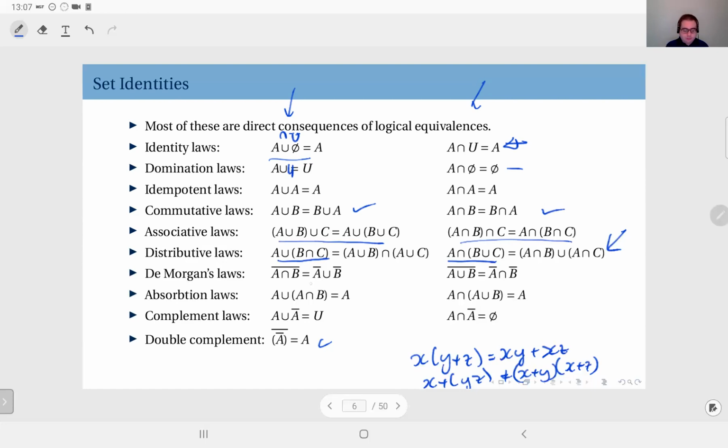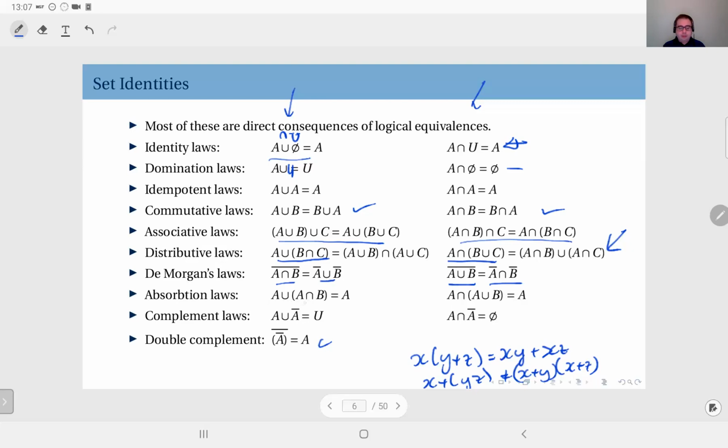And we have De Morgan's laws, almost exactly the same as what we had in propositional logic. And in fact, you can prove these using those De Morgan's laws in propositional logic. If you have the complement of intersection, it's equal to the union of complements, and similarly, the complement of union is equal to the intersection of complements. And we have the absorption laws.